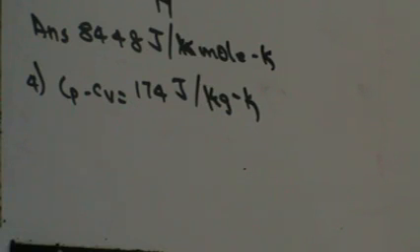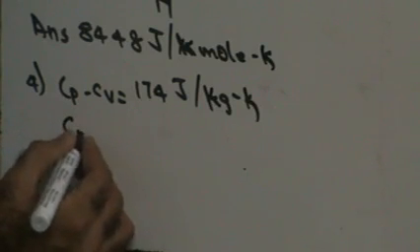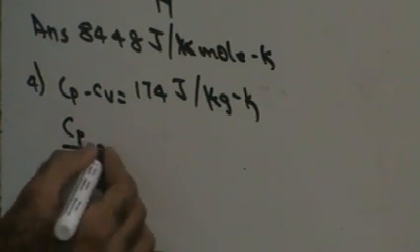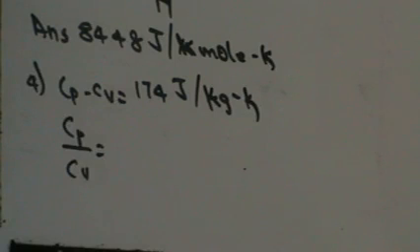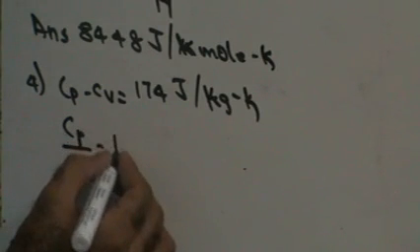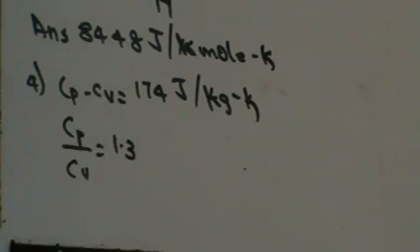If the ratio of specific heat at constant pressure and constant volume is 1.3. Calculate the two specific heats.